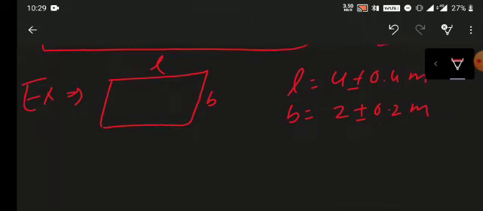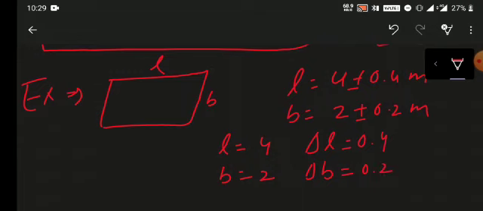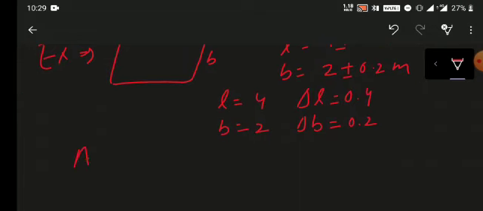Now here we know the original values of length and breadth: length is 4 and breadth is 2, and the errors are delta L equal to 0.4 and delta B equal to 0.2. Now you have to find the error in area.